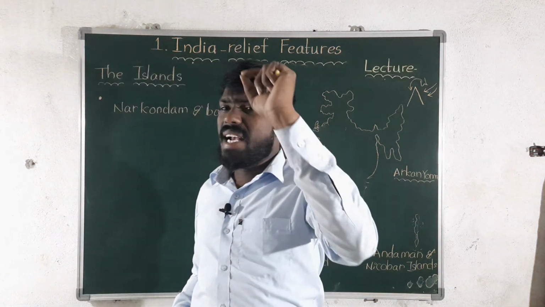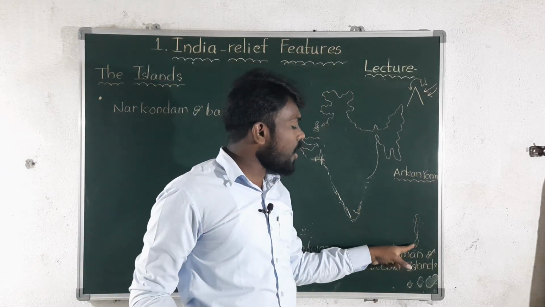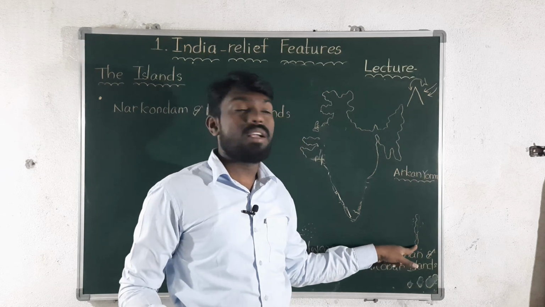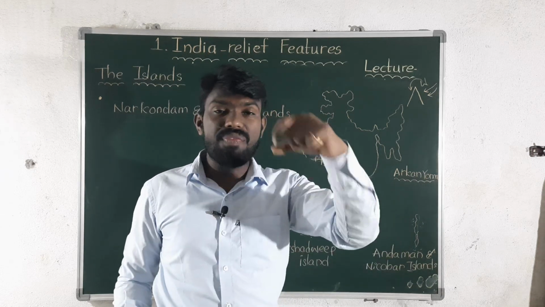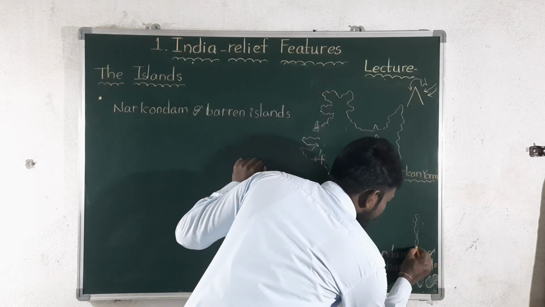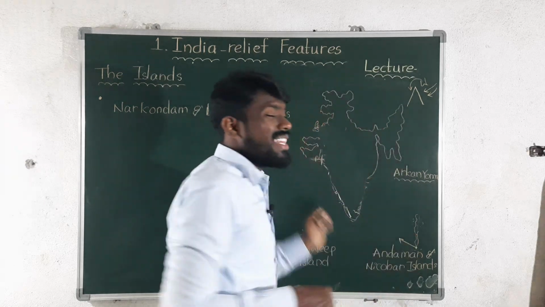The southernmost tip of India is found here. There are two islands, Andaman and Nicobar, and the southernmost tip of India is found in Nicobar Island. This is called Indira Point.